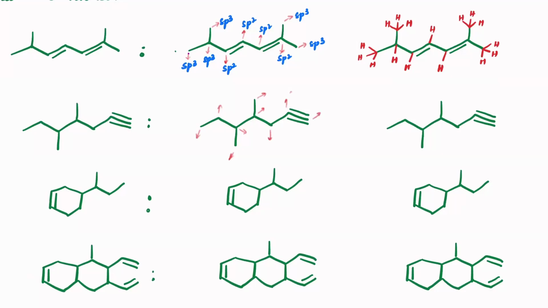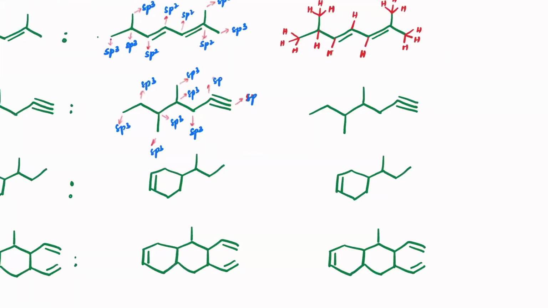So you can see first we have sp, sp, sp3, sp3, sp3, sp3, sp3, sp3, and sp3. And now let me put down how they are connected with hydrogens.